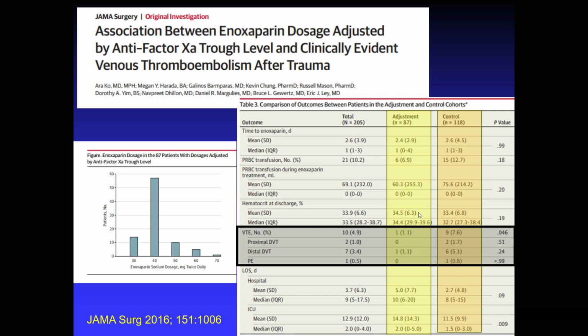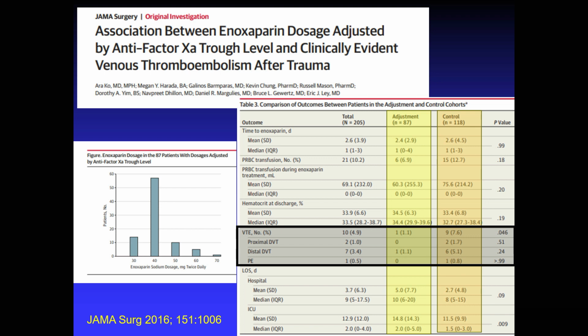The recommendation of the authors was therefore to initiate low molecular weight heparin dosing at 40 milligrams Q12 hours, and then adjust it based on anti-10A levels.